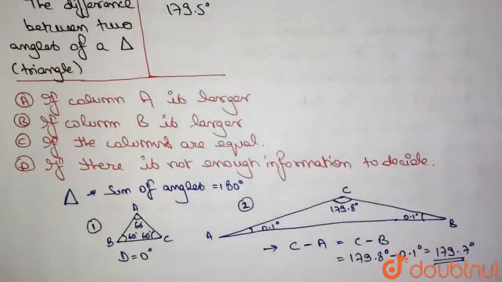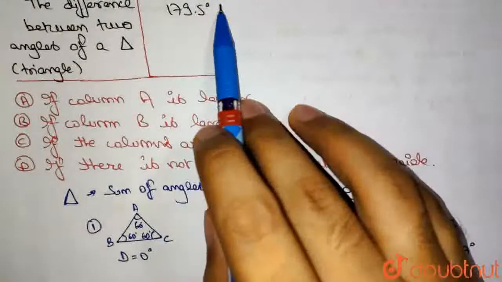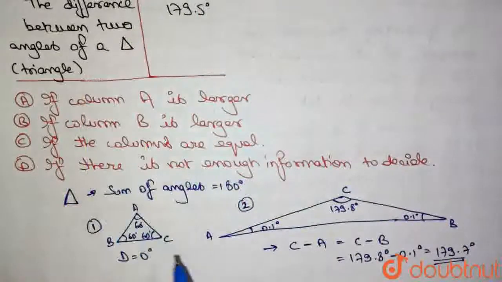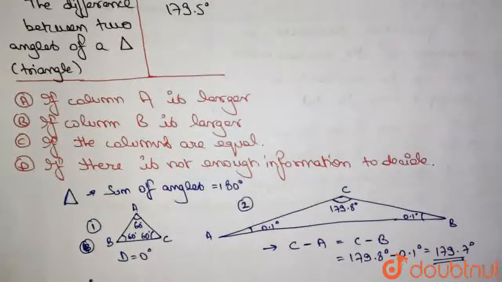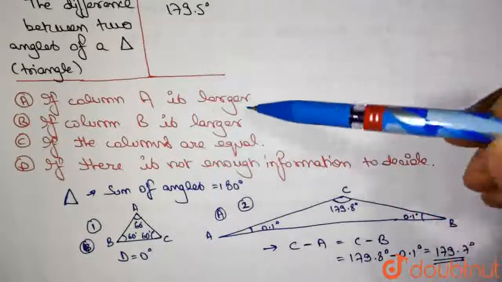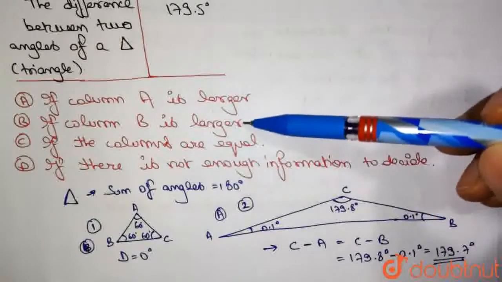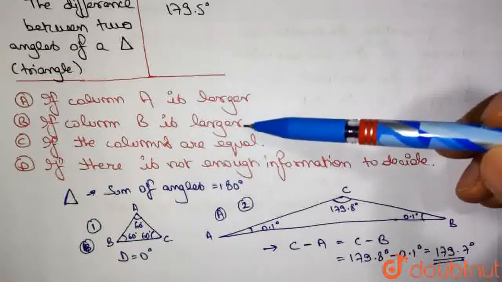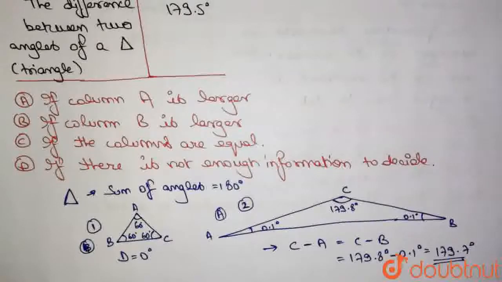So we obtained a case where column B was larger, and we obtained a case where column A is larger. In the first case, the larger one is column B, and in the second case, the larger one is column A, because column A said the difference between two angles, and column B talks about simply 179.5 degrees. Since we have obtained two different answers, one where column A is larger and one where column B is larger, we can say that there is not enough information to decide or come to a decisive answer.